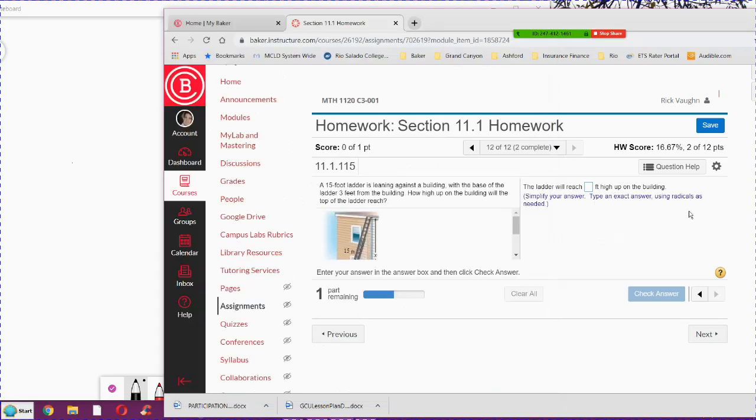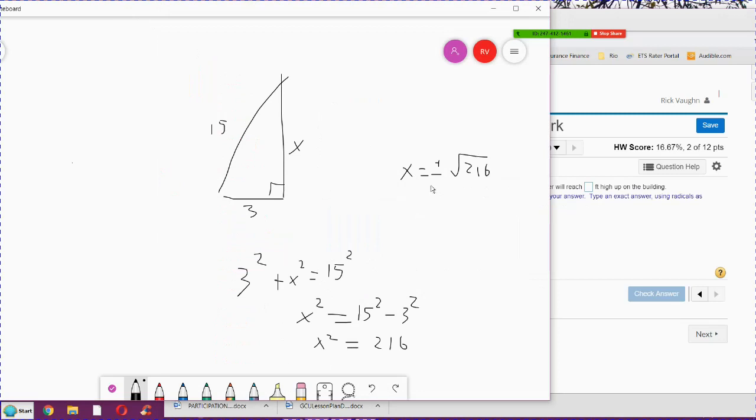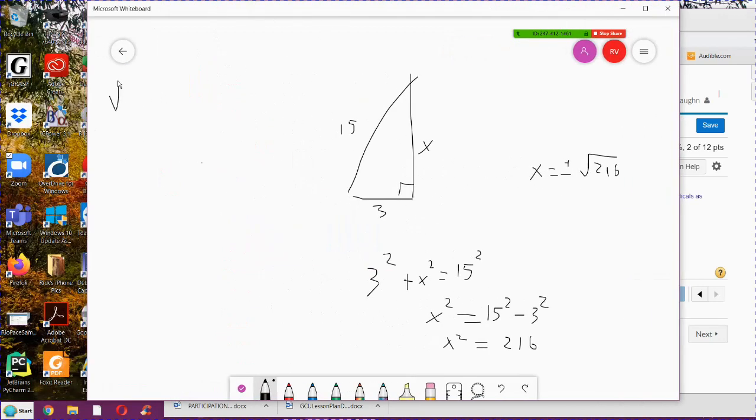And they want me to type an exact answer using radicals, and they want me to simplify. So let's look at this square root of 216 now and simplify that, if possible, as a radical. What I'm trying to do now is pull out any perfect squares from the 216. So I'm going to do a prime factor tree over here.